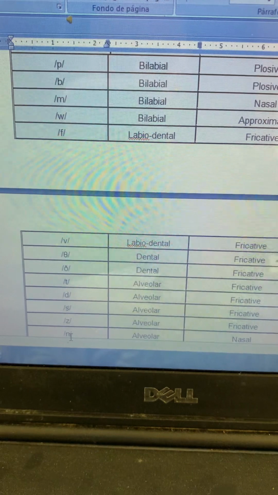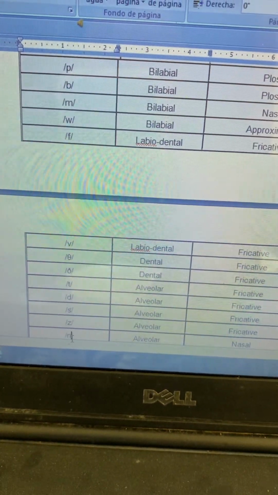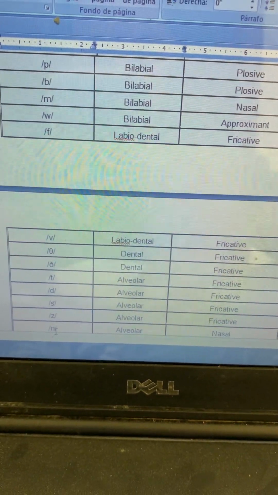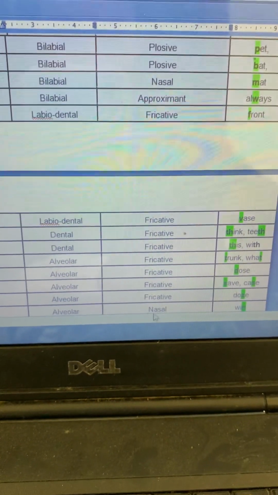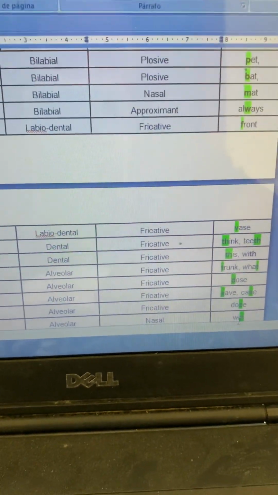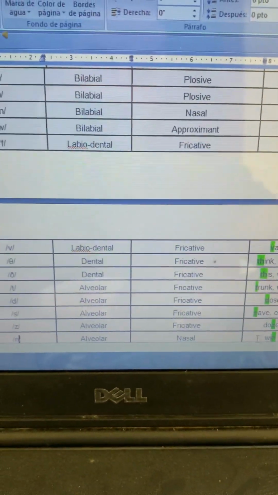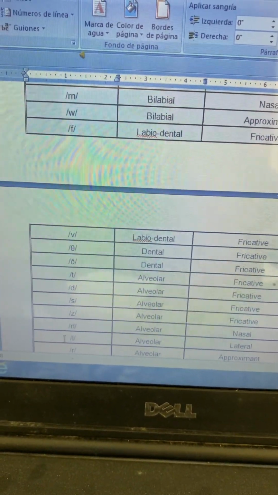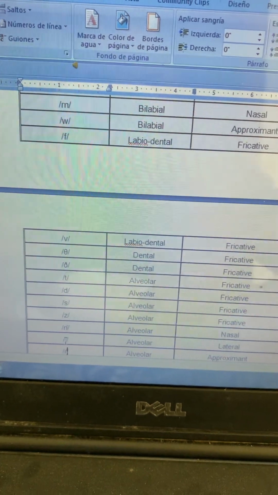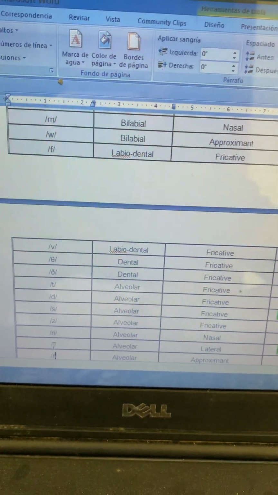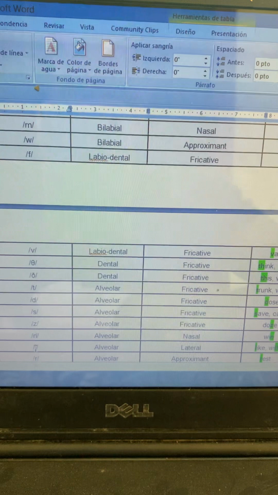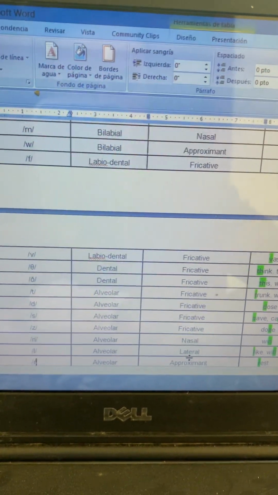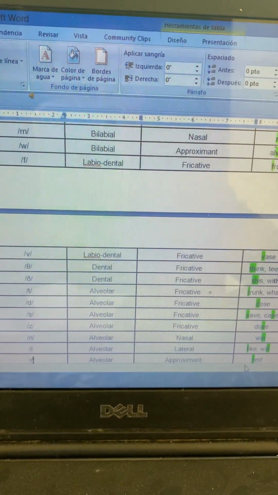Here we have the consonant N, which is voiced, alveolar, nasal. For example, wing. And here we have the consonant L, which is voiced, alveolar, lateral.